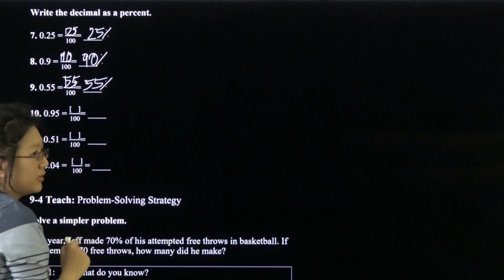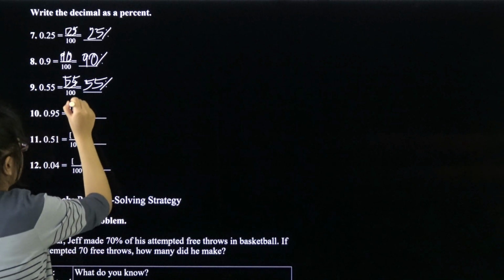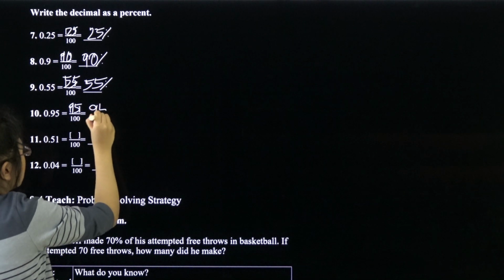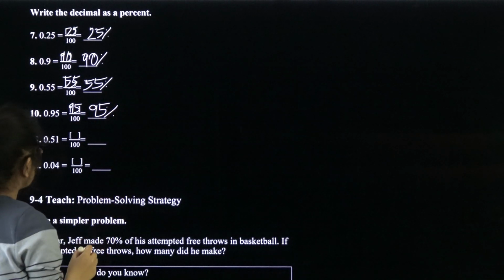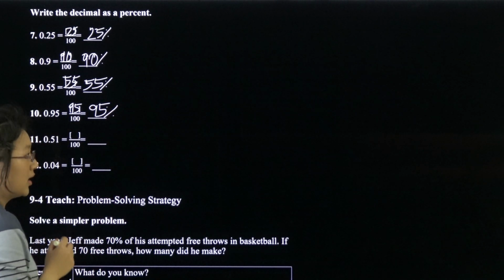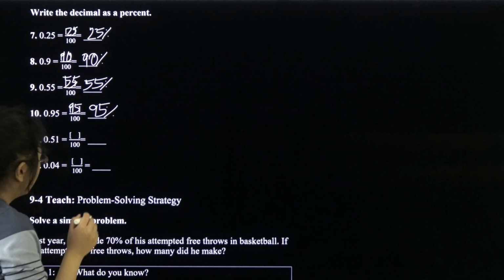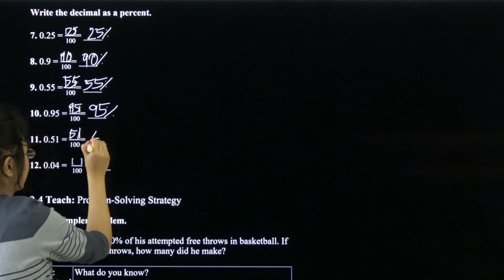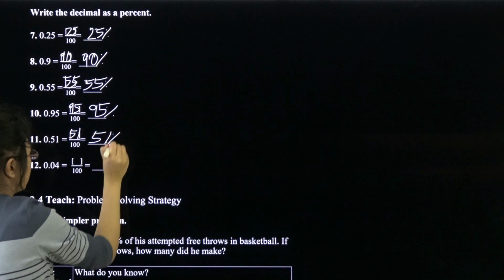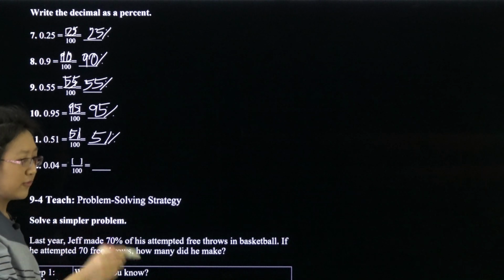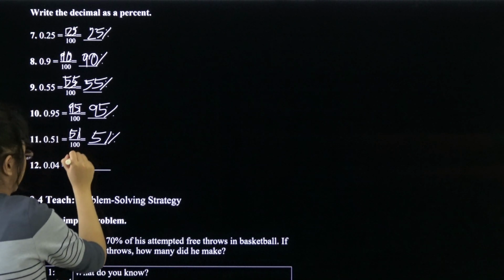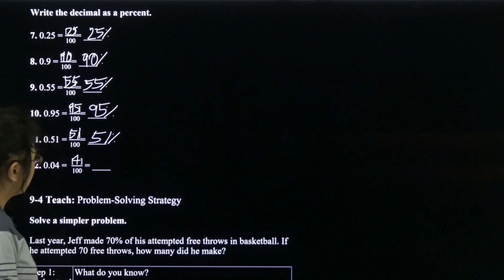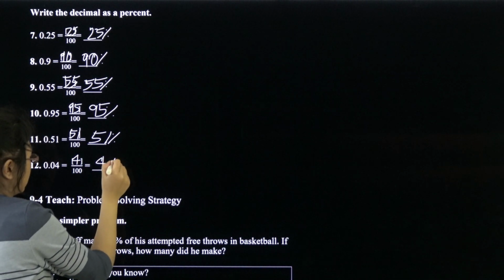And 95 hundredths, 95 over 100, and then 95%. 51 hundredths, 0.51. 51 over 100. 51%. 0.04 is 4 hundredths, so that's 4 parts out of 100. And that would be 4%.